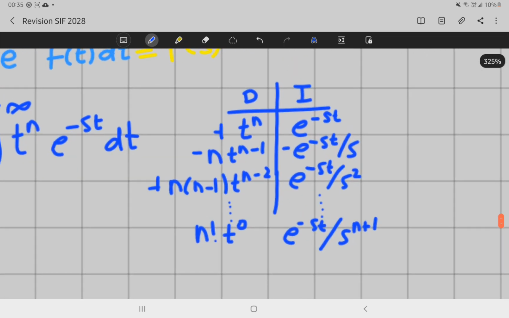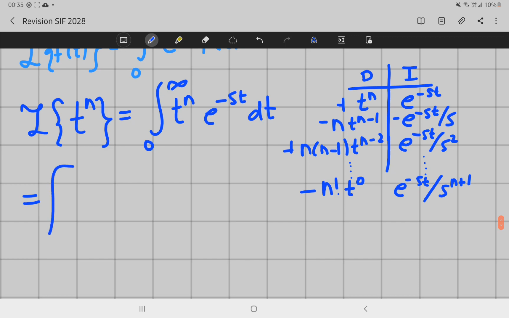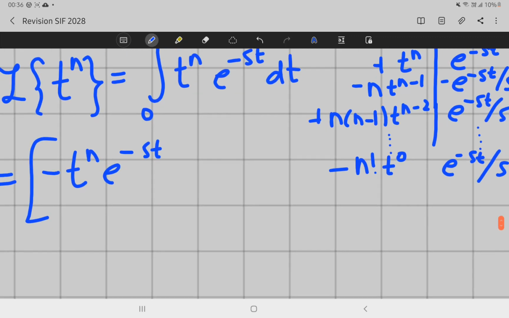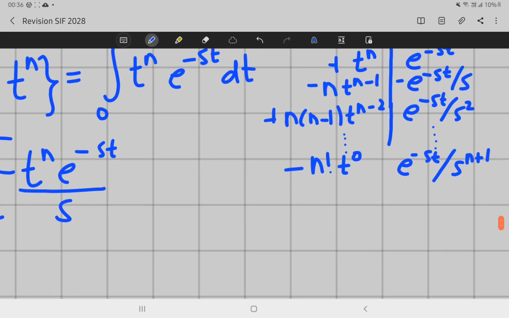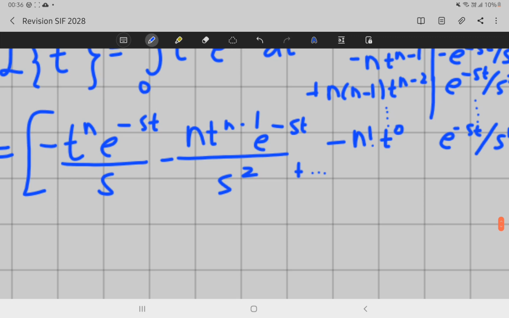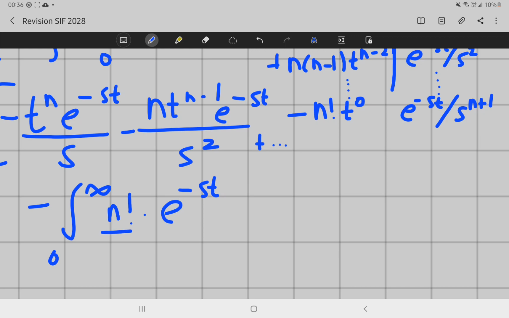So this alternates plus and minus, and we just multiply the diagonals: t to the power of n times e to the minus st divided by s, minus n t to the power of n minus 1 times e to the minus st over s squared, all the way until we reach the last term, minus the integral from 0 to infinity of n factorial times e to the minus st over s to the power of n plus 1.